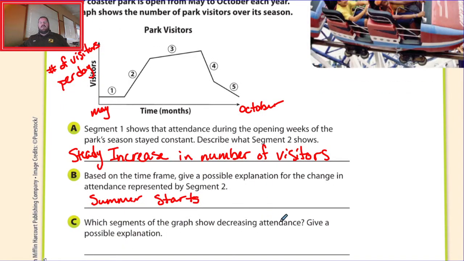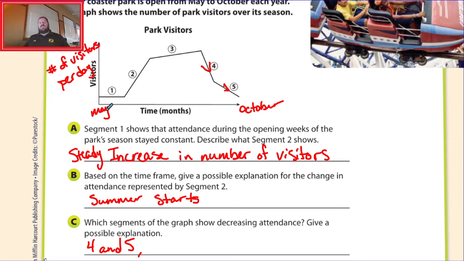Which segment of the graph shows a decreasing attendance, and give a possible explanation? Which segments show decreasing attendance? I would say 4 and 5. They show a decrease in attendance over time. So what could be the reason for that?